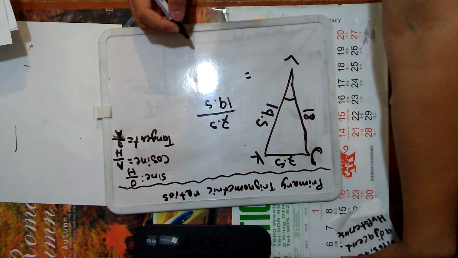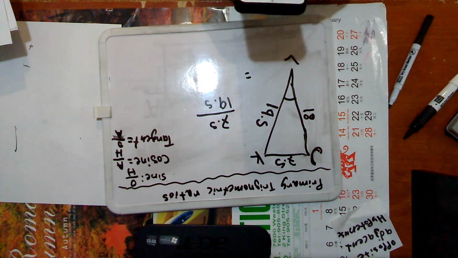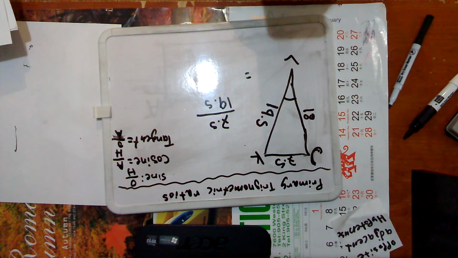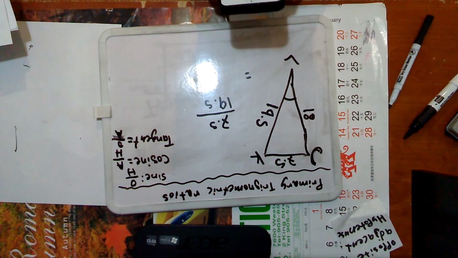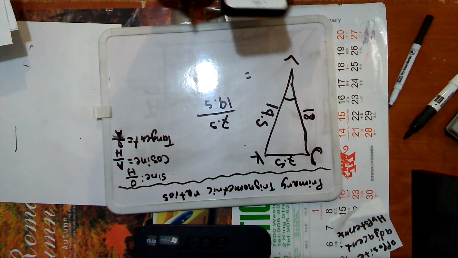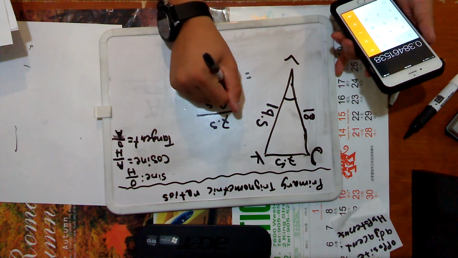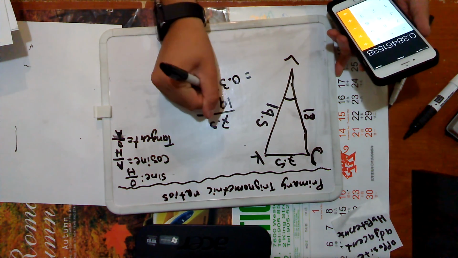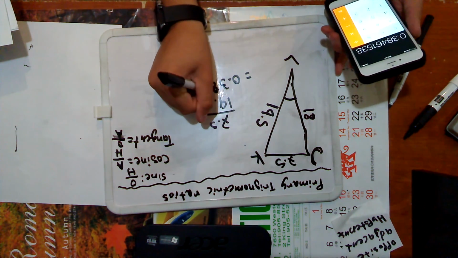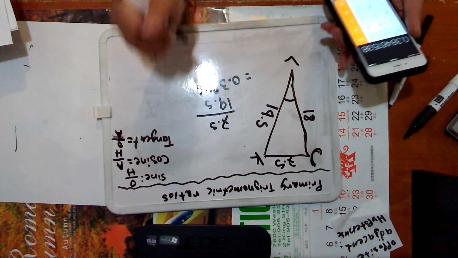You actually divide it, so I'm going to use my calculator here. 7.5 divided by 19.5, you should get 0.3846, no rounding.